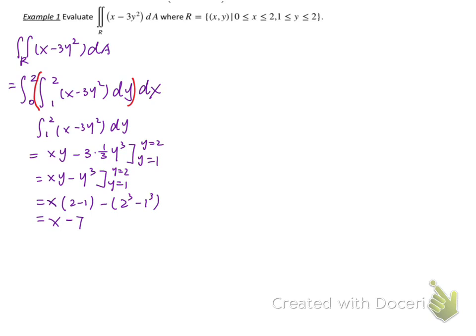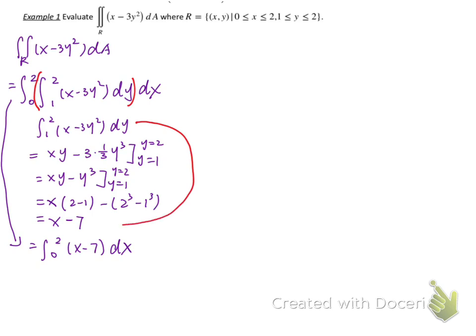Then I throw it into my original iterated integral from 0 to 2. I have x minus 7 dx. Notice when you have done the dy, you have done the integral in terms of y. You will not have y in the integral.